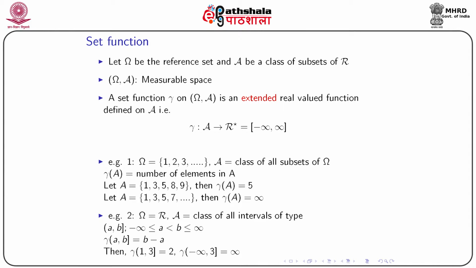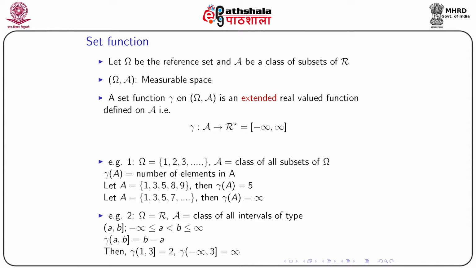For different sets A, I will have different numbers. For example, consider the set A consisting of the elements 1, 3, 5, 8 and 9. Since gamma is defined as the number of elements in the set A, clearly gamma of A will be 5, because in this set I have only 5 elements. So this is a finite number and a real number too.